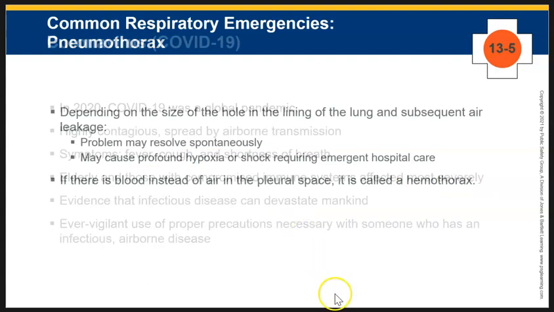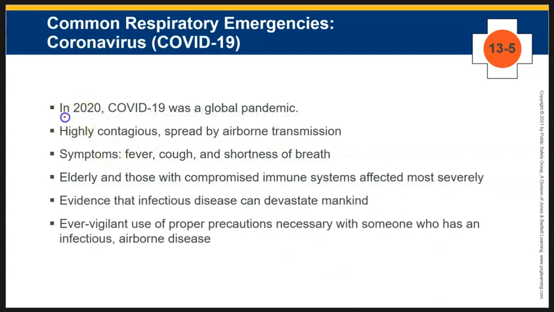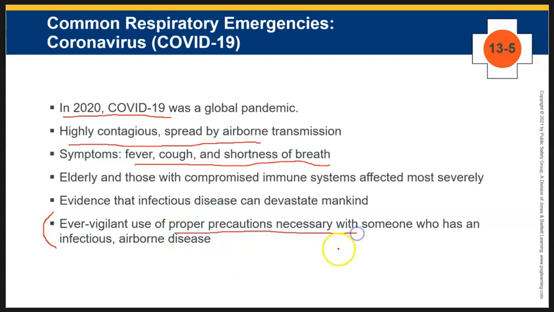The final thing to discuss is COVID-19, this highly contagious airborne virus that results in fever, cough, and shortness of breath, and the reminder to be on top of proper precautions and use of PPE as you work with a patient who's potentially been exposed.